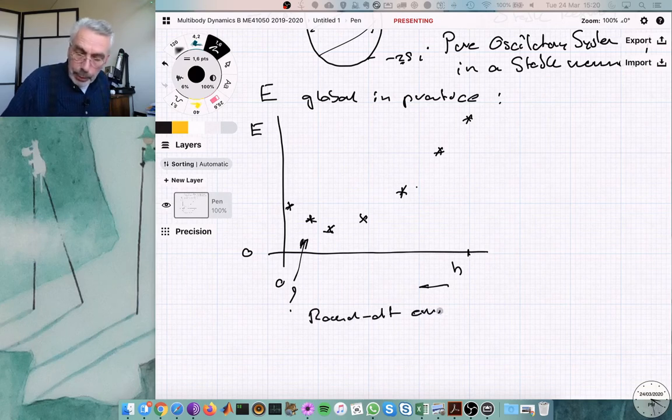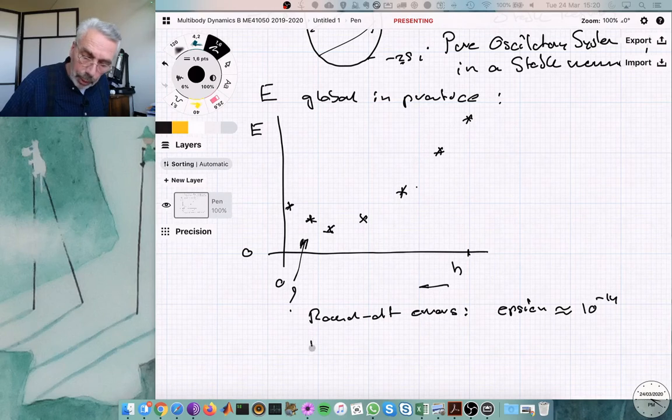Round-off errors. And how does it come? Well, you can represent a number in the computer with a certain finite accuracy. So your epsilon in a computer, I think in MATLAB, is 10 to the minus 14.